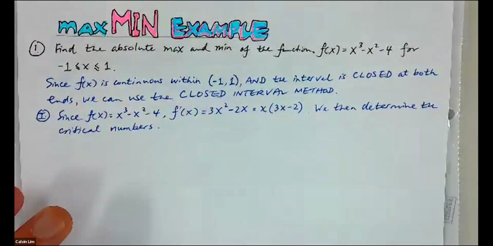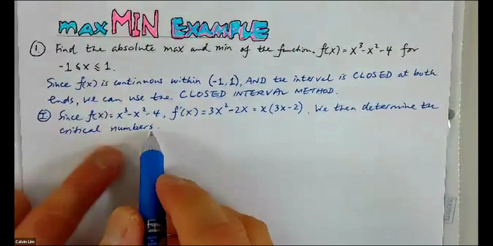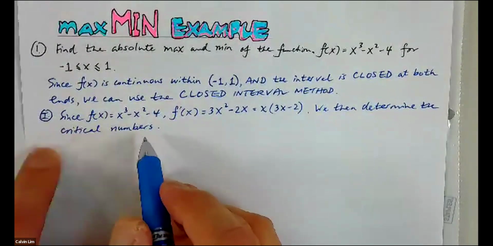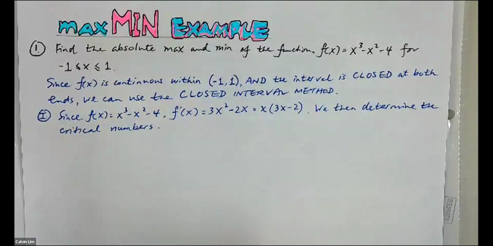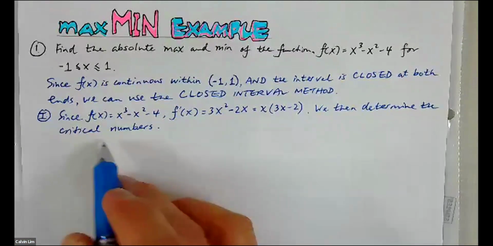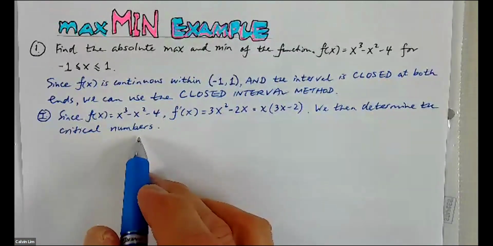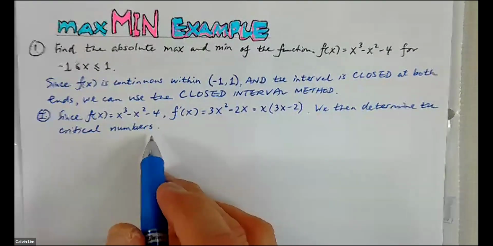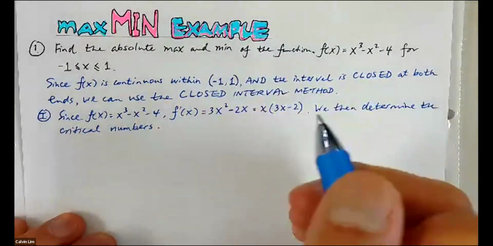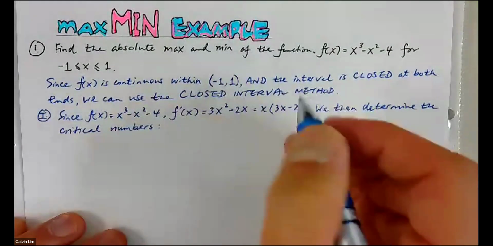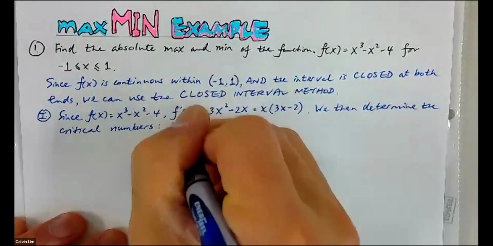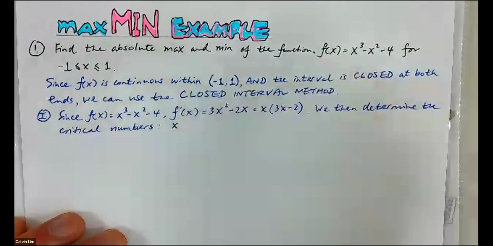So what is the distinction between critical numbers and critical points? A critical number is only the x value. For a critical point, you have to give both coordinates, x and y. So to determine the critical numbers, set f prime of x to 0.